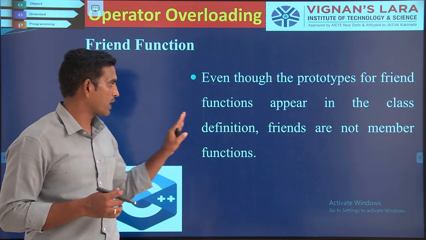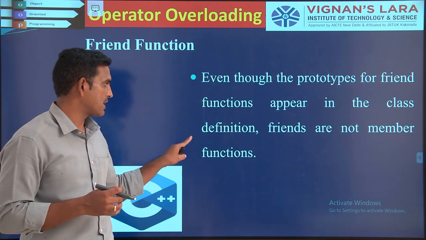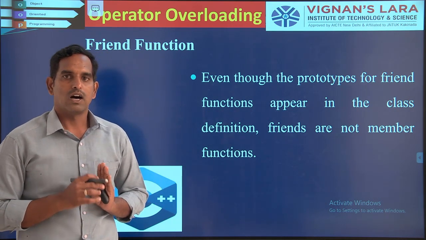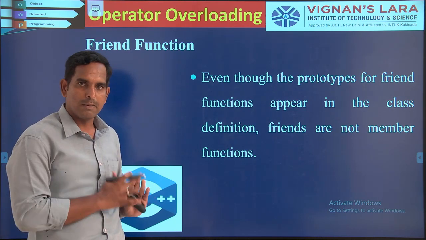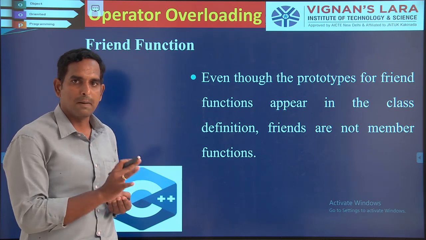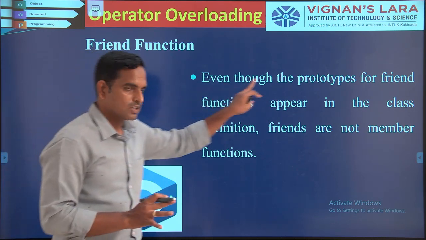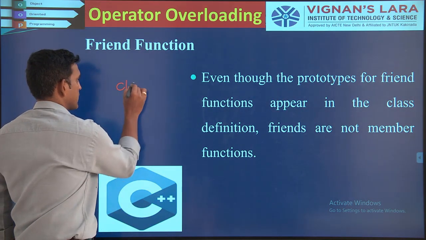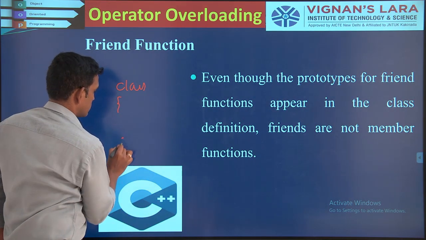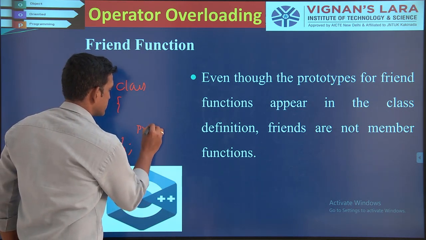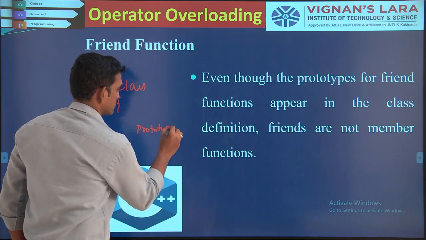Even though the prototypes of friend functions appear in the class definition, friends are not member functions. Always remember, friends are not member functions. They are similar to member functions, but they are not member functions. Whenever you have the class, you will write the prototypes or declarations inside the class itself.